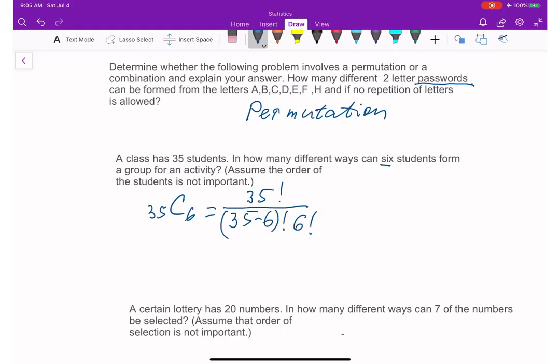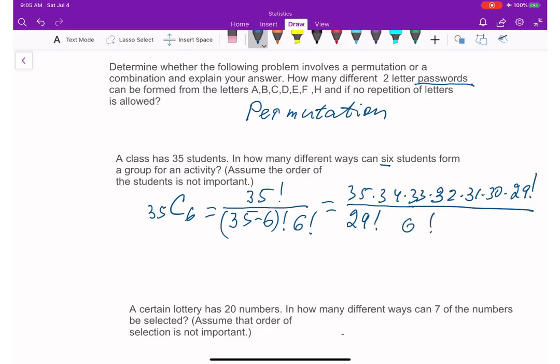Okay, so let's see. 35 minus 6 is going to be 29 factorial, which means this 35 I'm opening till 29. 35, 34, 33, 32, 31, 30, and 29. I made it.